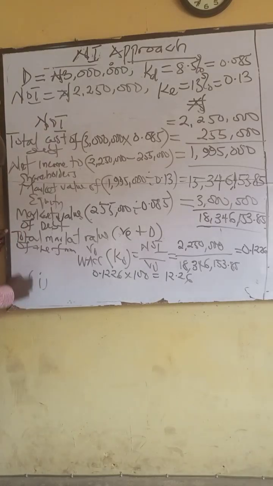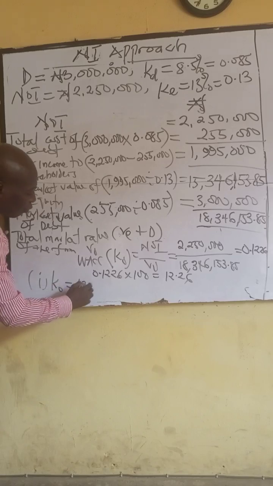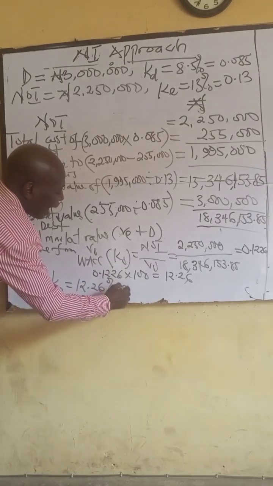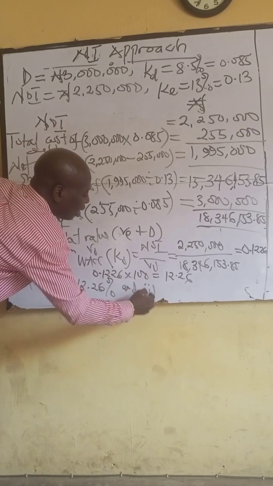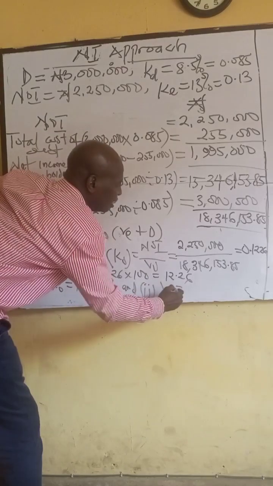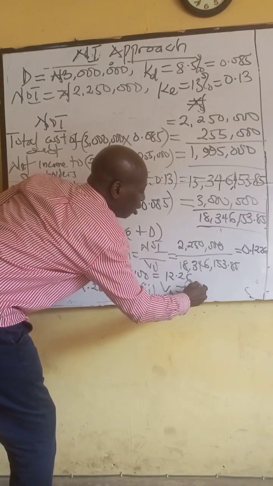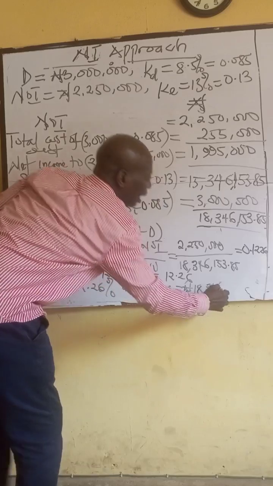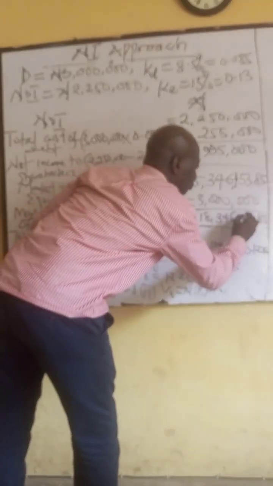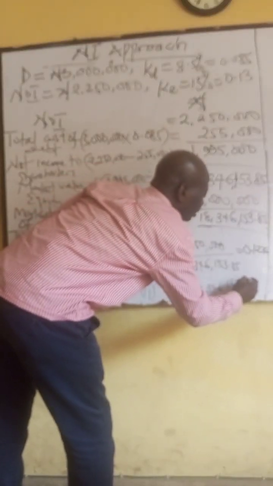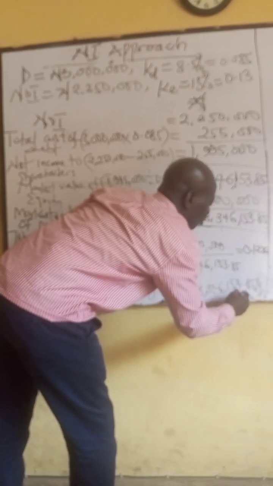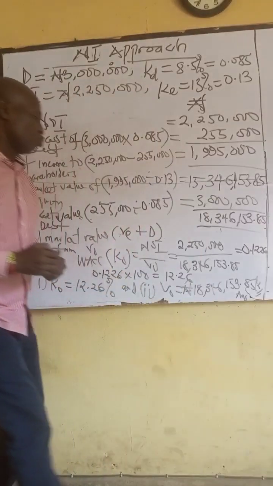So to answer question number 1, our WACC, KO, equals 12.26%. And number 2, what is the value of the firm? Our VO is 18,346,153.85 naira. If you get that answer, you are good to go.